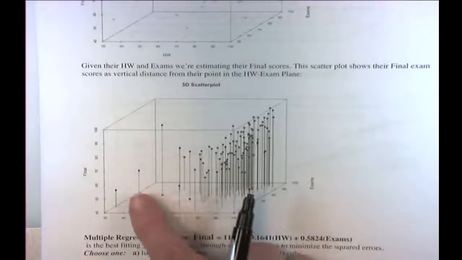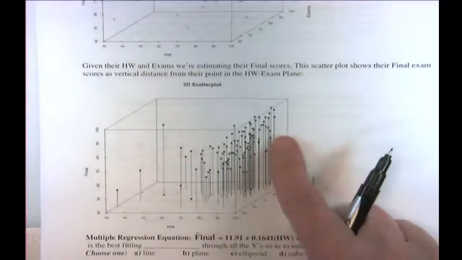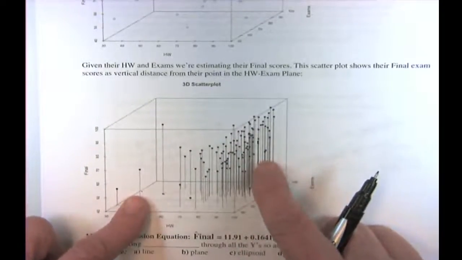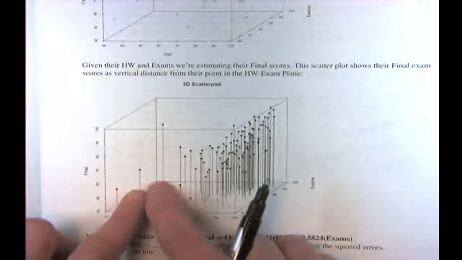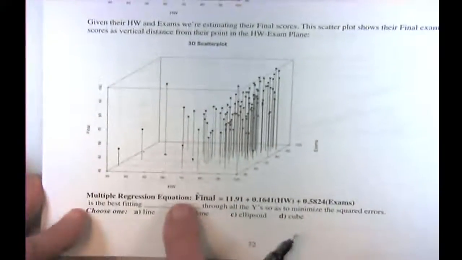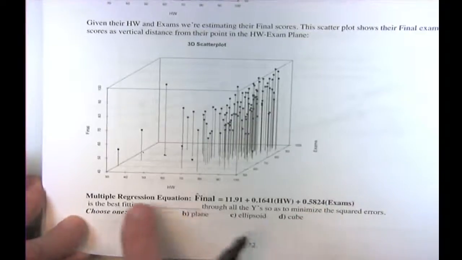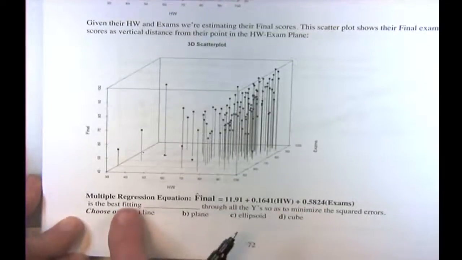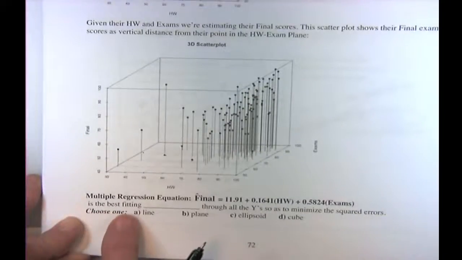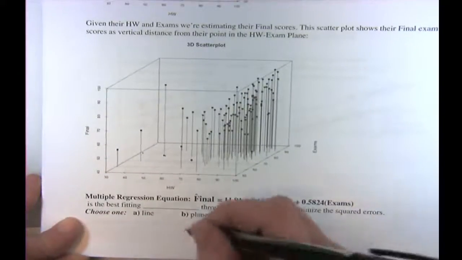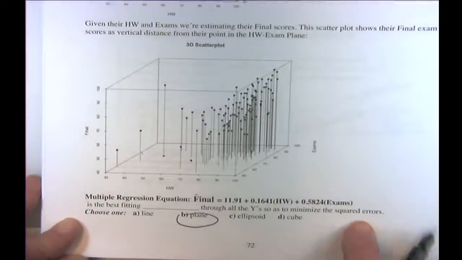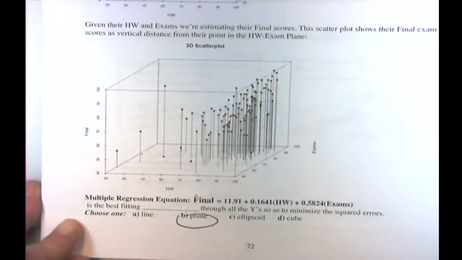And what we're trying to do is fit a plane that best, these points don't all form a plane, right? We can't, but we're going to try to get the plane that minimizes the sum of the squared errors. So in multiple regression, we're looking for the best fitting plane through the y so as to minimize the squared errors of those finals.